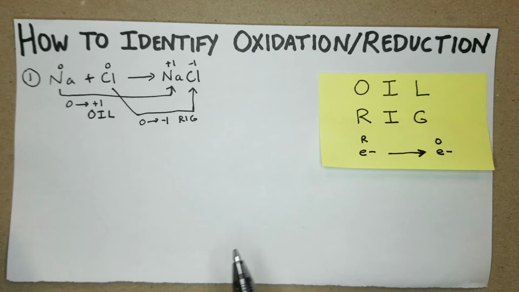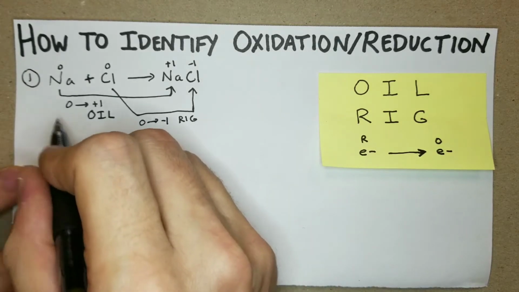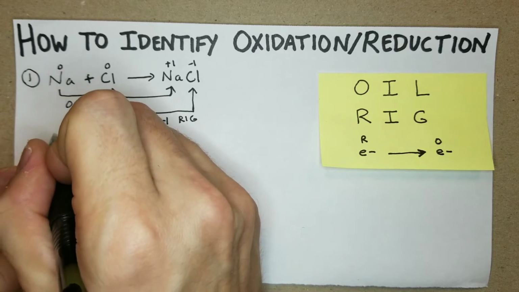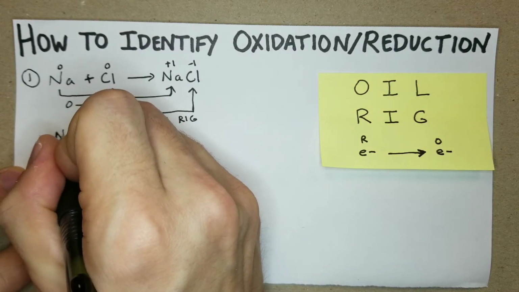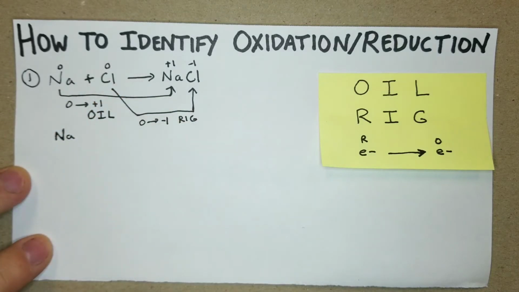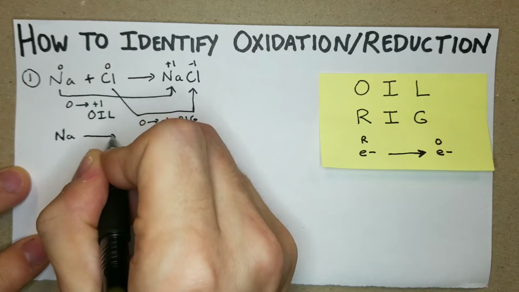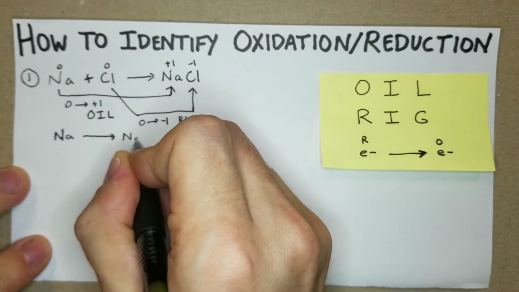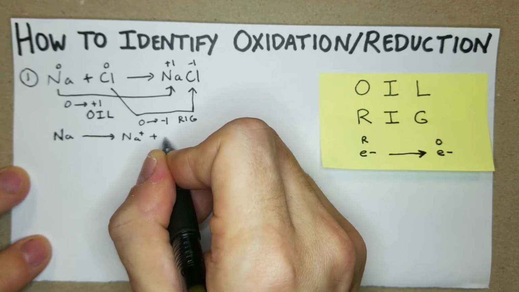From there, sometimes professors will ask for this, sometimes they won't. You can split the reaction. For Na, we're going to write out exactly what's happening for just Na in this reaction. Na goes from neutral to Na+1 plus 1 electron.